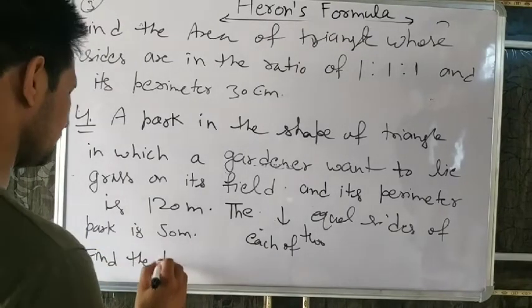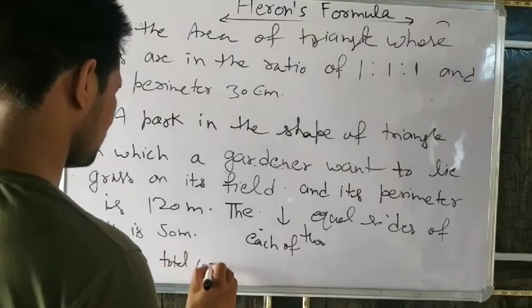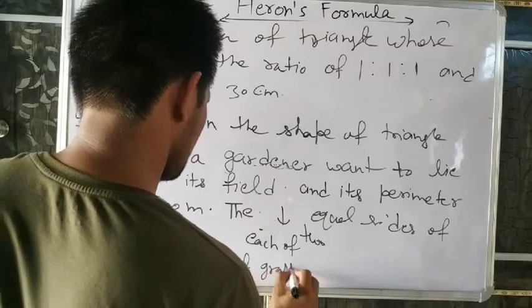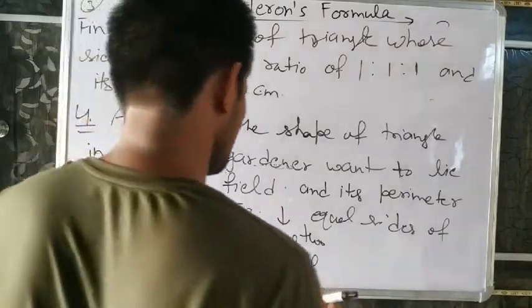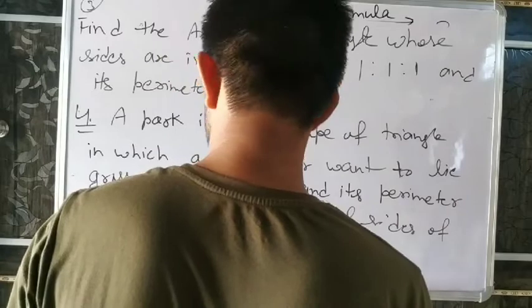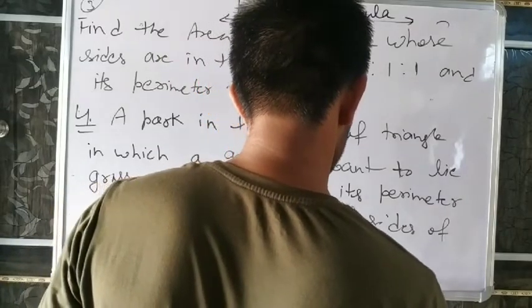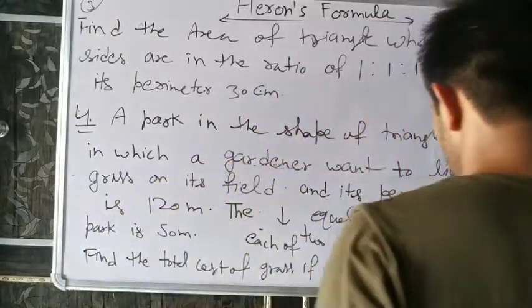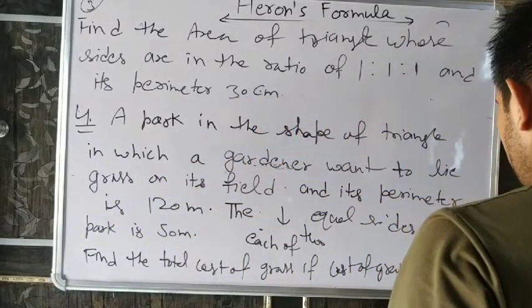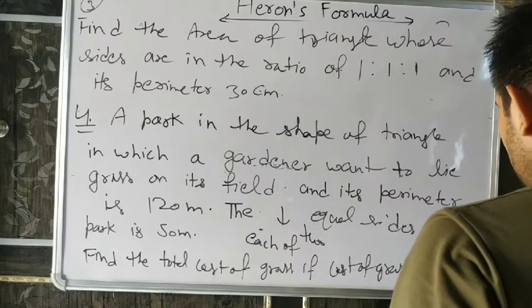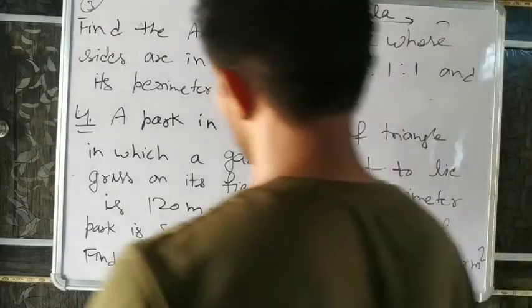Find the total cost of grass if the cost of grass is 10 rupees per meter square.